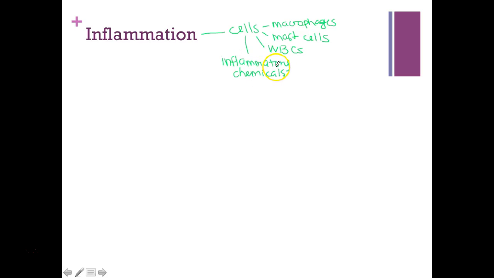So we're just going to group that in there as well. Now, our macrophages. Actually, before we talk about these cells, let's talk about our 4 major cardinal signs, and then we'll talk about our cells.